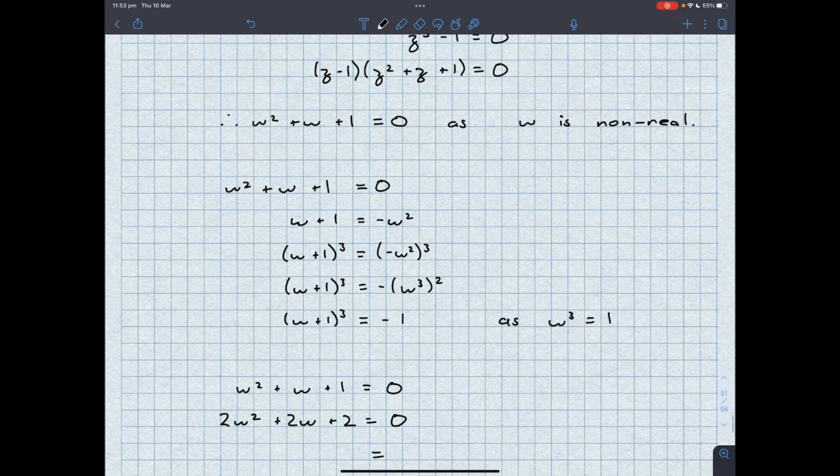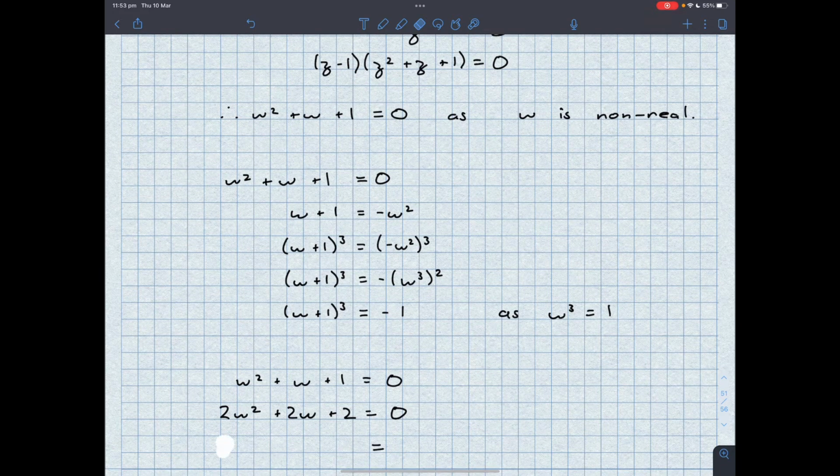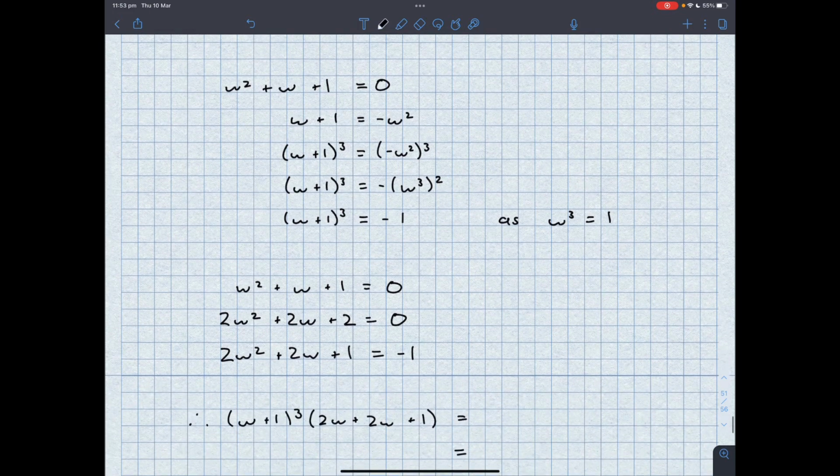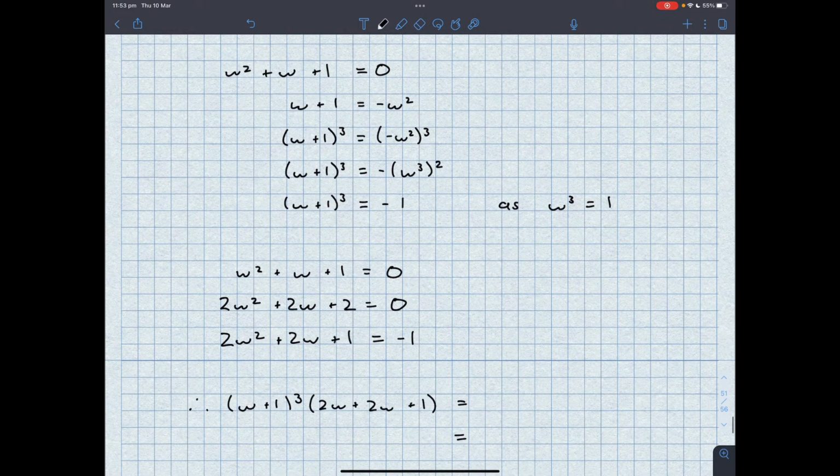I can see that I only need 2w squared plus 2w plus 1, which means that I'll have to take one of the 1's to the other side. So that means both these expressions equal minus 1. So when I multiply them, like the question asks, I've got minus 1 times minus 1, which equals 1. And that's what we had to show.